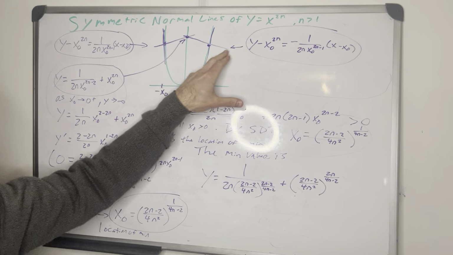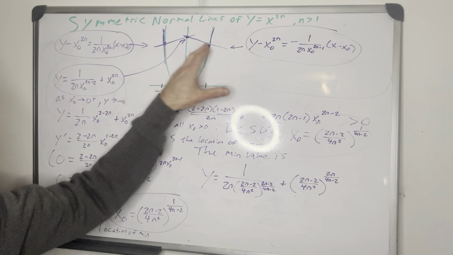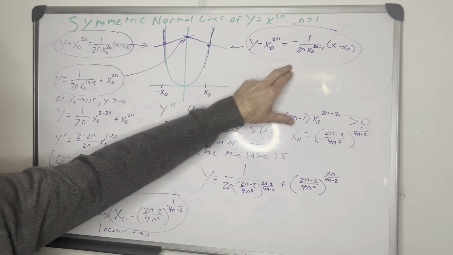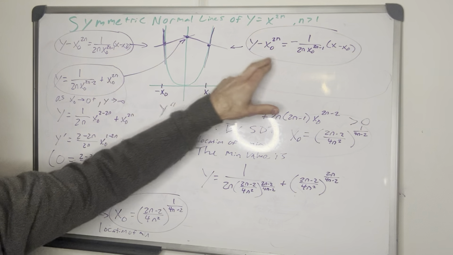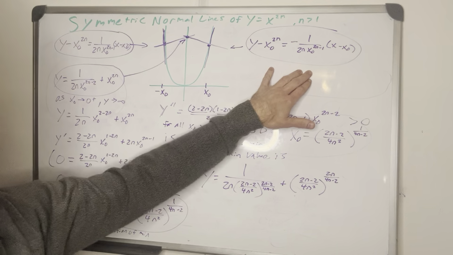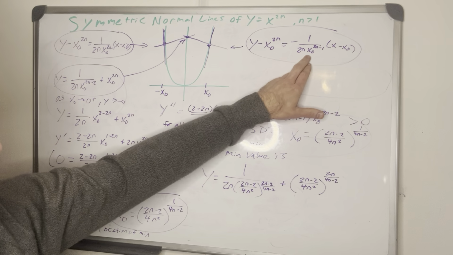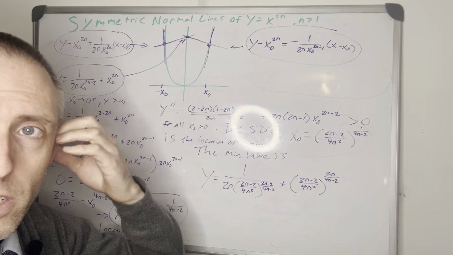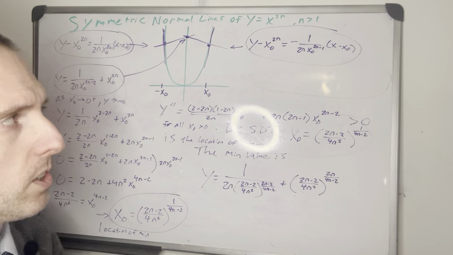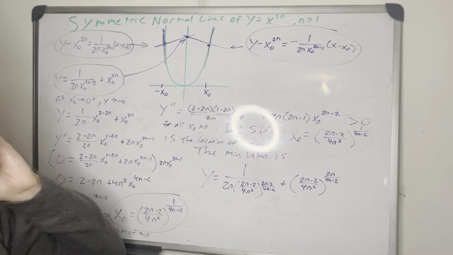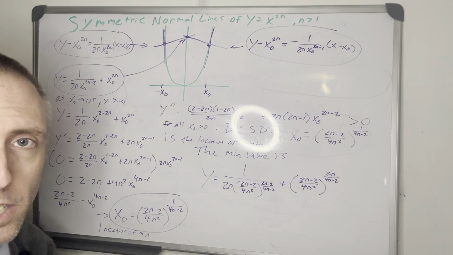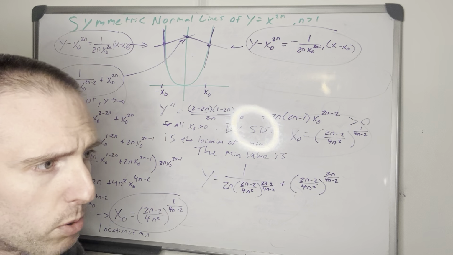So the equations of the two normal lines at these two points, at x0 and negative x0, are here and here. You just use the point-slope form. The slope of the normal line is the negative reciprocal of the slope of the tangent line. If you've been through calculus, then you can easily understand these things pretty well, I think.